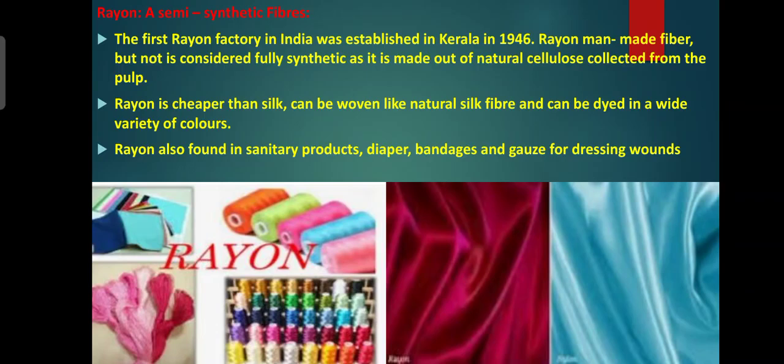Rayon is a man-made fiber, but it's not considered fully synthetic as it's made out of natural cellulose collected from wood pulp. The cellulose collected from wood or bamboo pulp is treated with several chemicals. Pulp treated this way becomes a viscose solution.